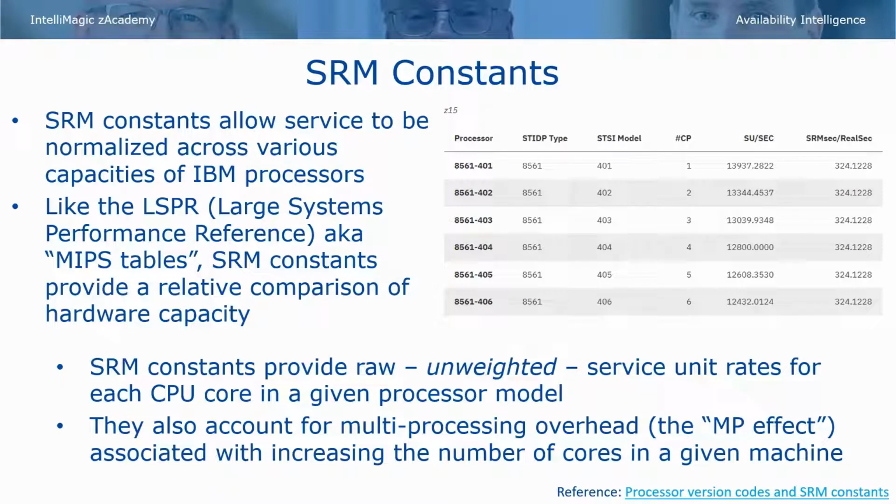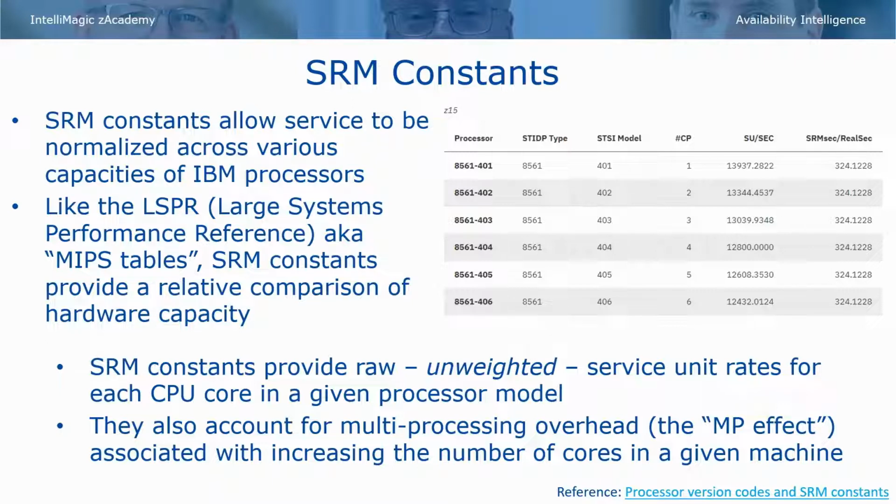That's providing the service units per second rating for each processor model. These are raw CPU service units that will land in those CPU and SRB buckets. Again, if you're weighting by 10, well, then that value, that 14,000, is going to be multiplied by 10, and it's going to say 140,000 for every second.